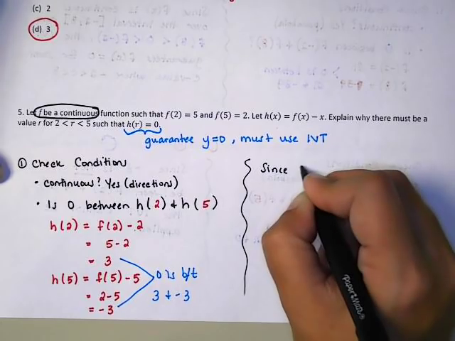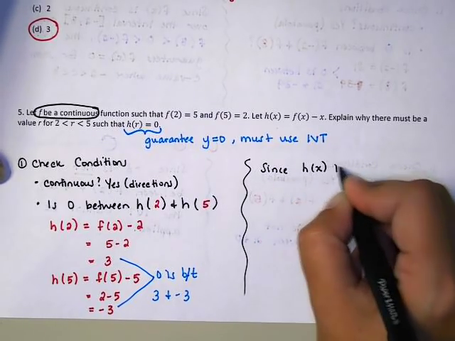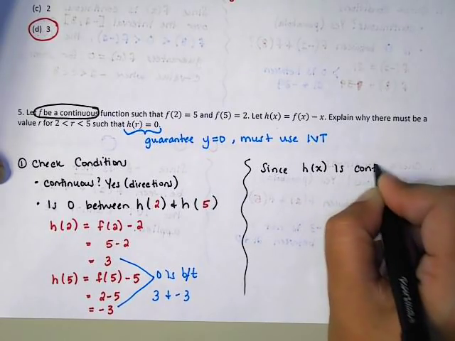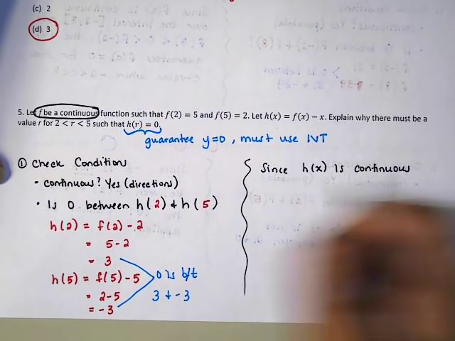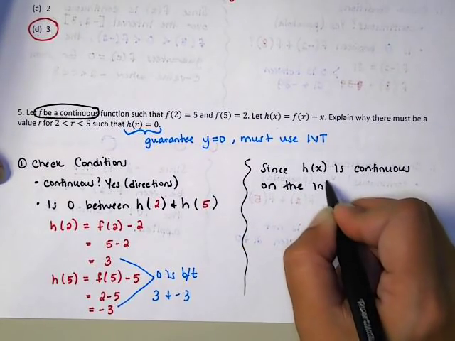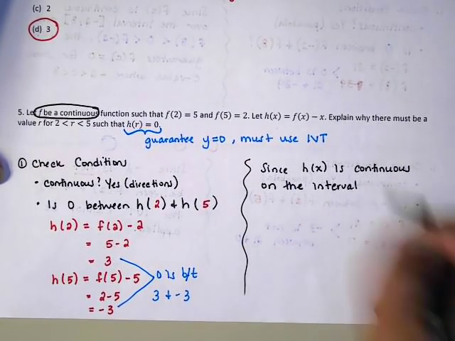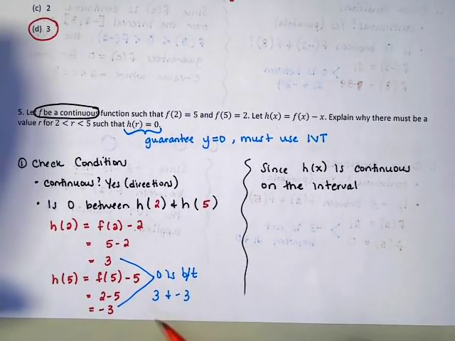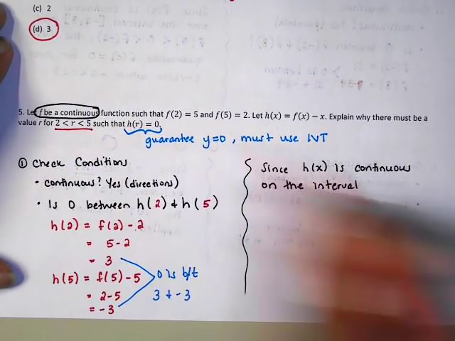Since h of x is continuous on the interval, and they give me my specific interval here, 2 to 5.